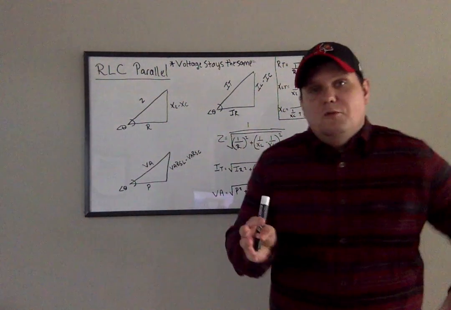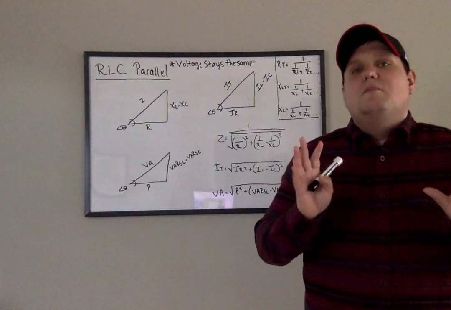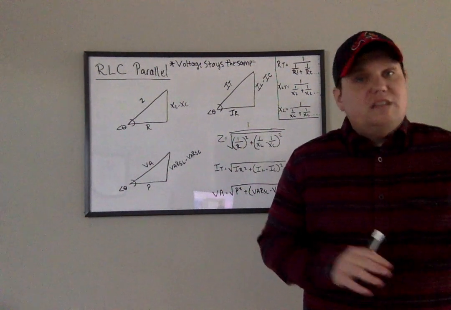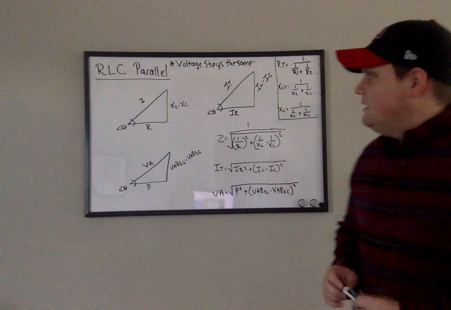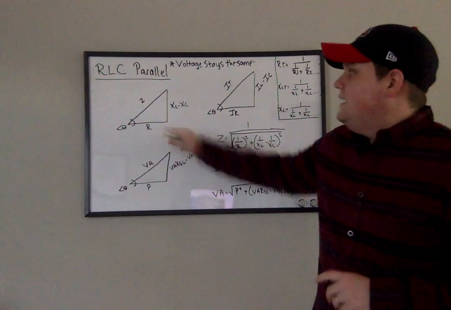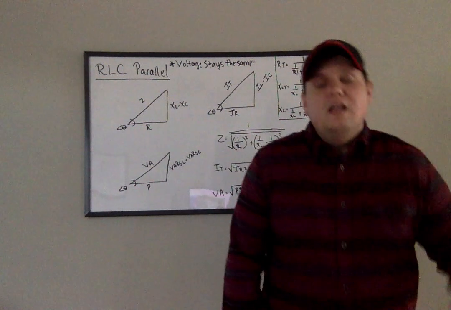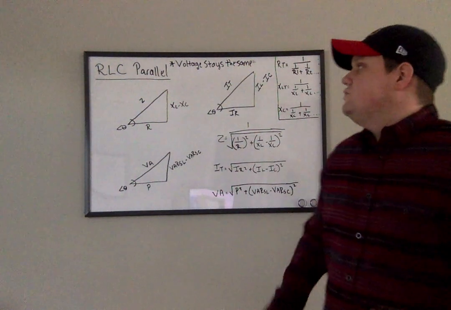So, real quick, before we actually get into the circuit, let's run through some main formulas besides Ohm's law that you'll need to work these circuits this week. Number 1 is the impedance triangle. Remember one thing, impedance is measured in ohms.